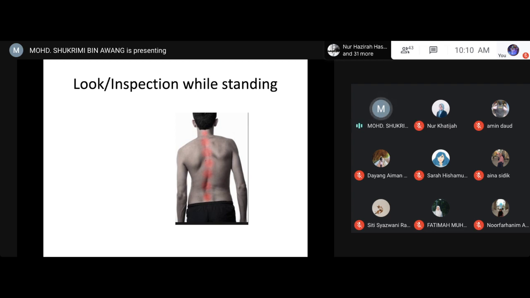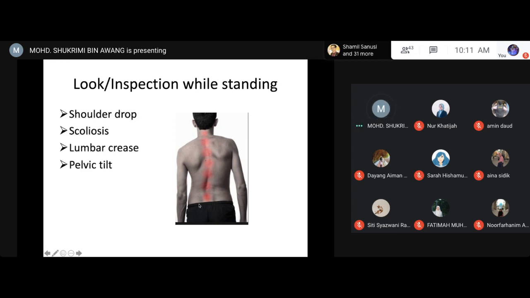And then if you go down, you would like to see any abnormalities to the lumbar crease here. Look at the pelvis, whether the pelvis is equal or tilted. You see this is what we call PSIS, posterior superior iliac spine. So you see that in this patient, it's not level.